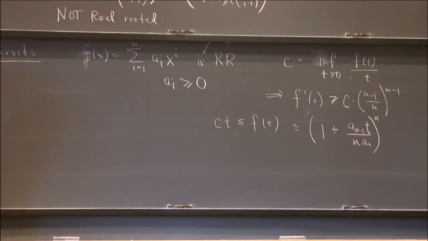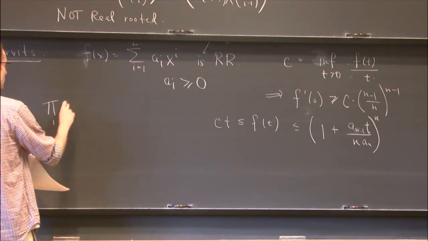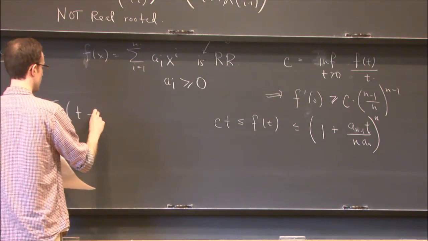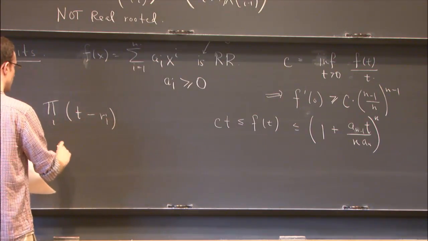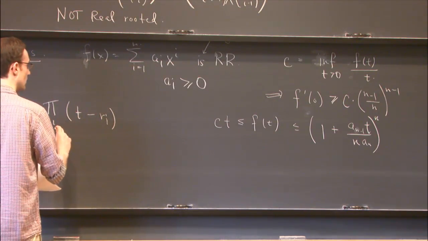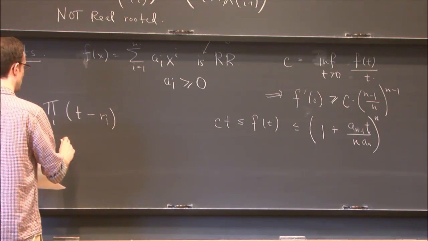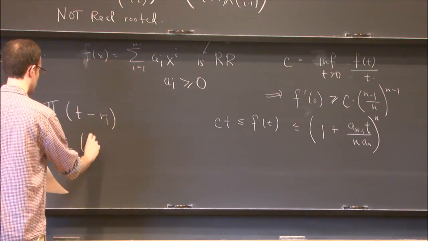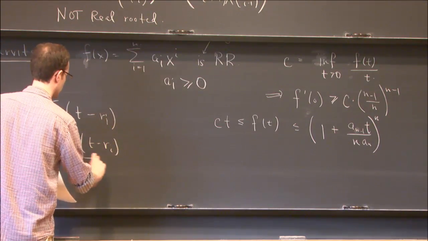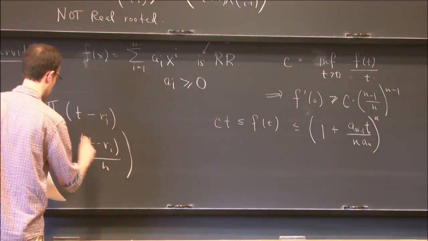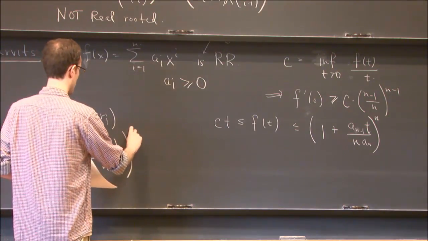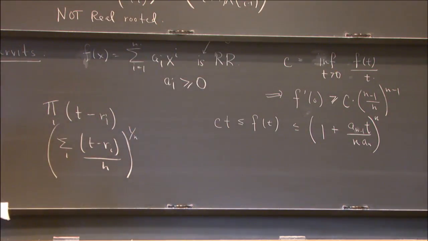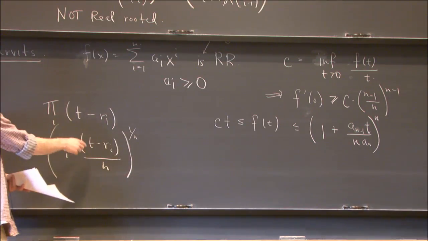So instead of the product over i of (t minus r_i), you replace that with the sum over i of (t minus r_i) over n, to the 1 over n, to the n.